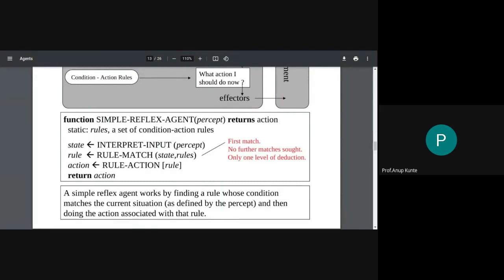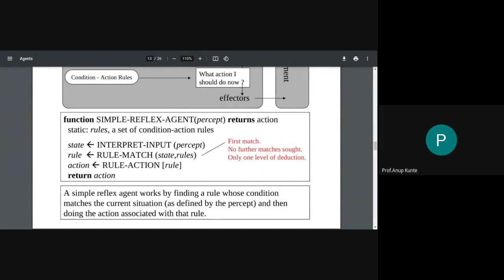So what is this rules? Rules is actually a representation of condition action components. It's like a dictionary that is being indexed using 2 indices. There are 2 keys, state and rules.